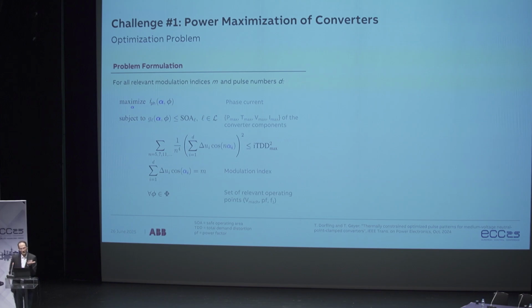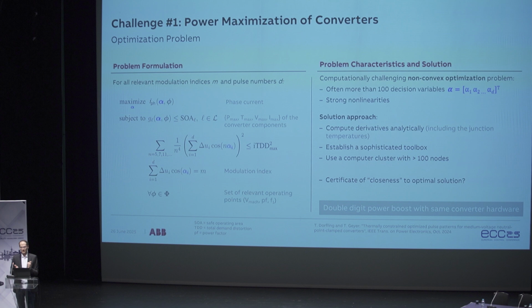You want to push up that current while ensuring that your components, that your models stay within their safe operating area, stay within their specified limits, and that can be regarding losses, power losses, temperatures, voltages, currents, and so on, while making sure your harmonic distortions are reasonable, are not excessive, and you get the desired voltage. Maybe there are a few more constraints, and you might do this over a certain set. You don't want to do that just for one operating point, but for a certain set.